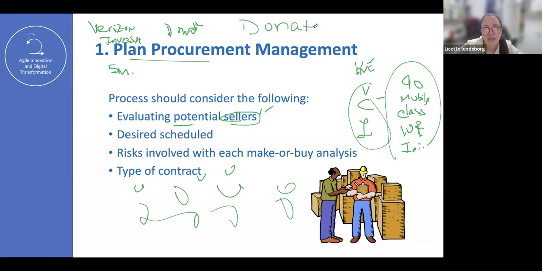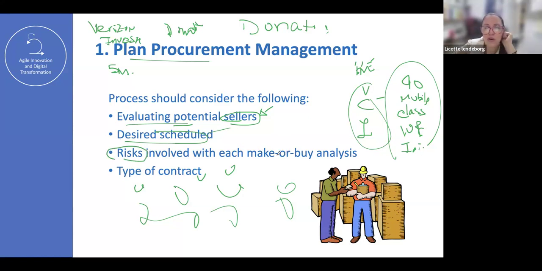And I remember that I got like 30, 40 candidate sellers calling me every day. Yeah, Miss Lisa, I know you had to make a decision. I'm here. So we need to evaluate a lot of potential sellers. We need to calculate and put in a schedule the timeline. And you need to take into consideration the risks.